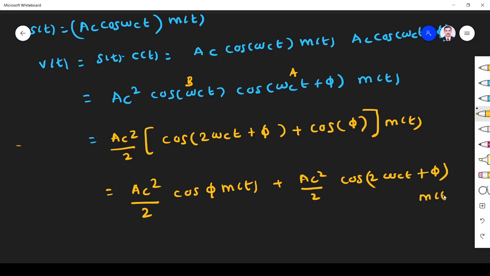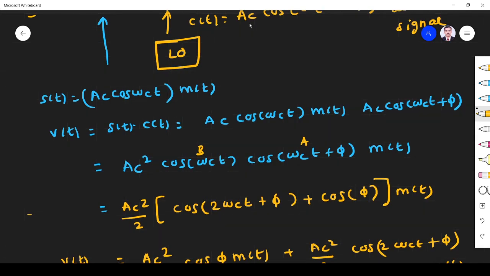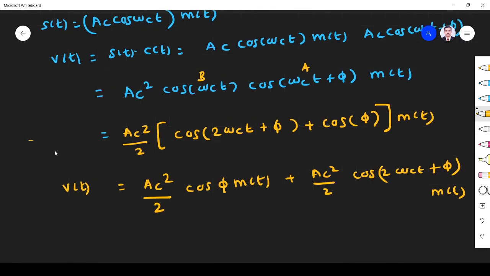This is our V of t. You see the components of V of t, that is very important. This term has only cos phi and this term has cos(2 omega_c t plus phi).